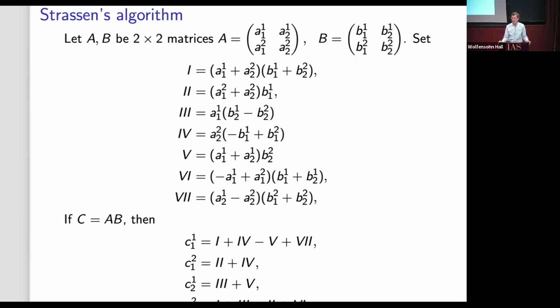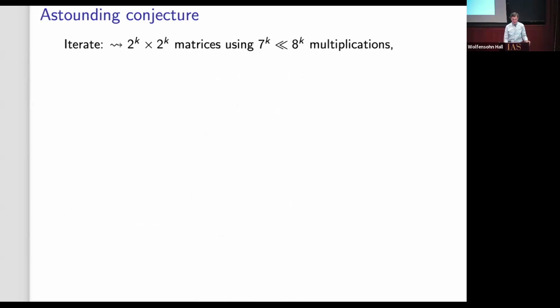They could be elements of an algebra, for example, n by n matrices. So this algorithm actually scales up, and you can multiply large matrices using fewer multiplications. And the number of additions when you rescale also gets controlled. So you get down to n to the 2.81 arithmetic operations.